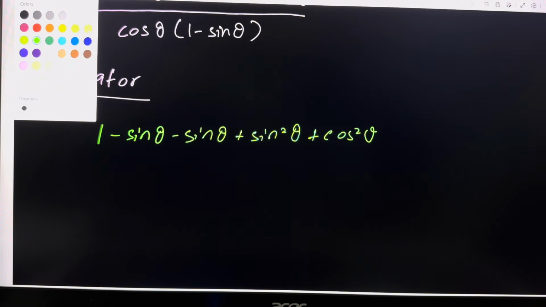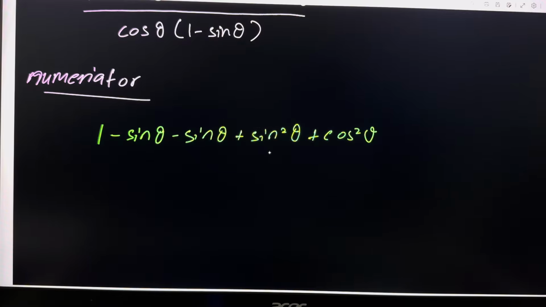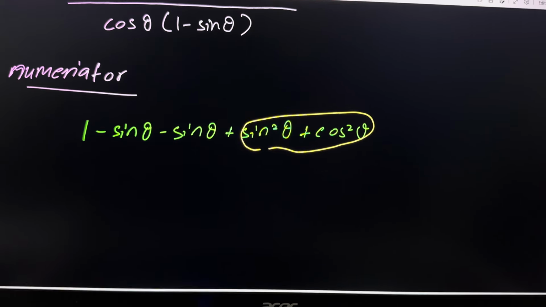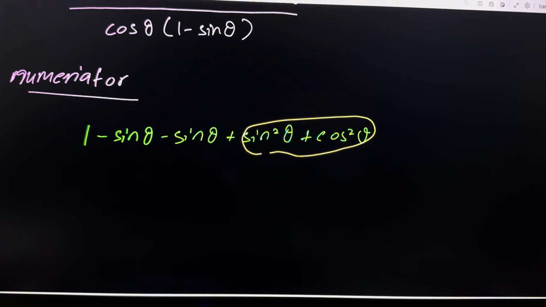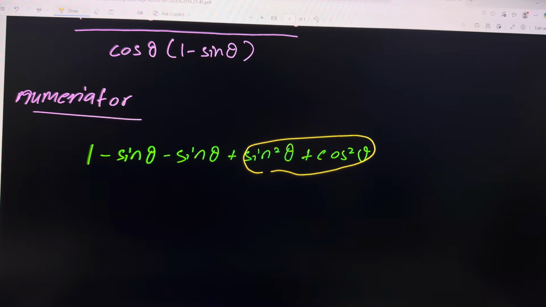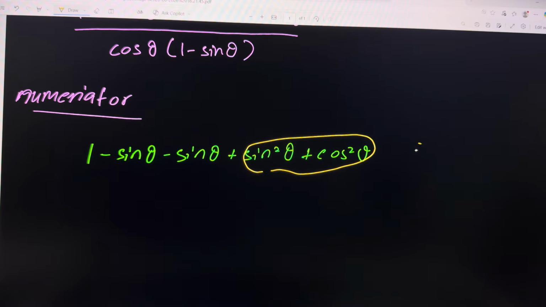Now remember one thing, this is an identity, and the identity is sine square theta plus cos square theta is equal to 1.